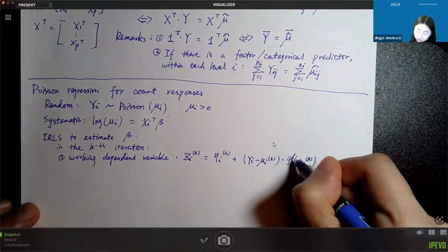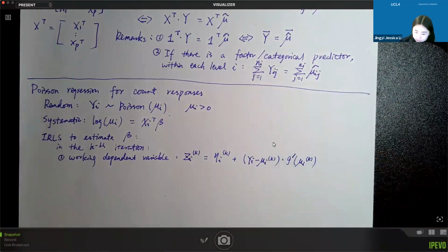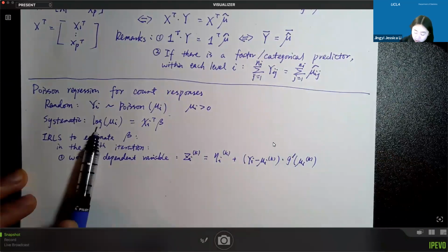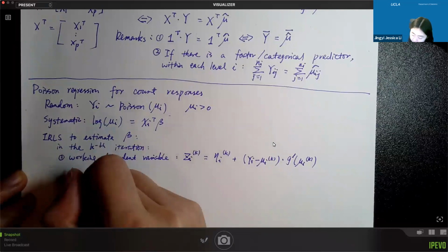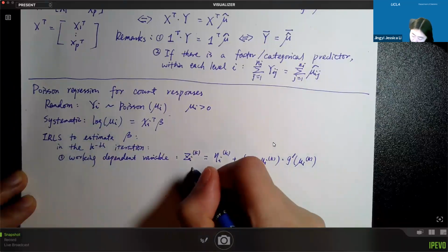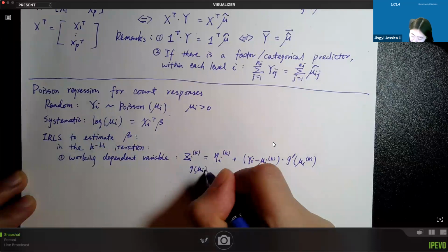Recall that this is actually from the Taylor expansion. Then we need g prime. What's g prime? The g function is the log function, so g(mu_i) is log mu_i.